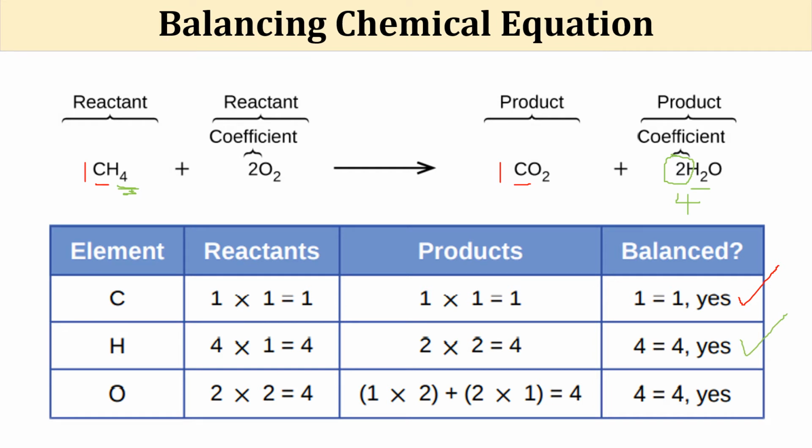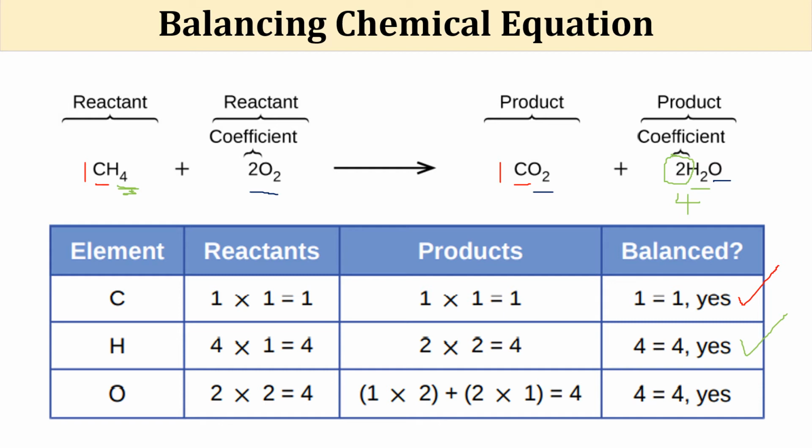Next we're going to look at oxygen. This is oxygen on the reactant side and there are 3 molecules of oxygen on the product side. Is it 3? Let's look at it. If we multiply the coefficient with the number of atoms, it is 2 times 2, which is 4.